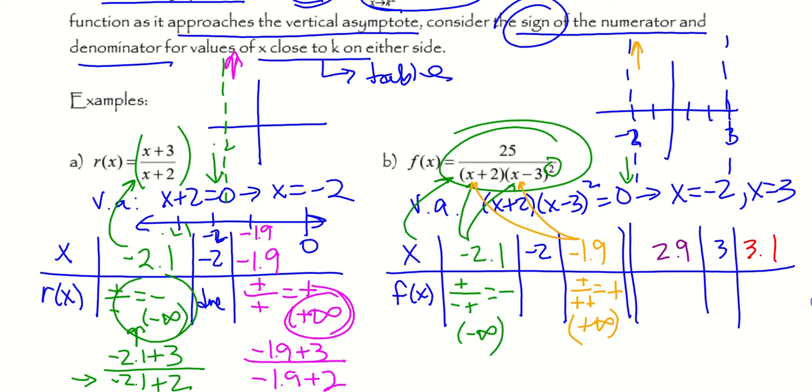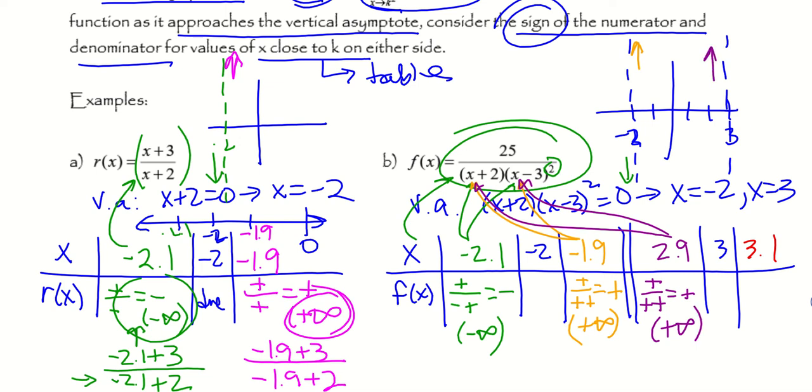Now, let's look at what happens at 3. So now we're going to take 2.9 and plug that in for our x's, and we get a positive from the 25 over 2.9 plus 2, which is positive, and 2.9 minus 3, which is negative, but we're squaring it and get a positive, and we get positive. So that tells us our graph is going up on the left side of 3.